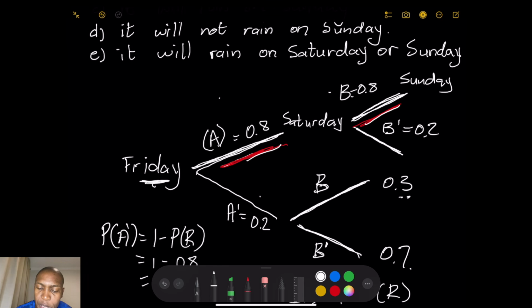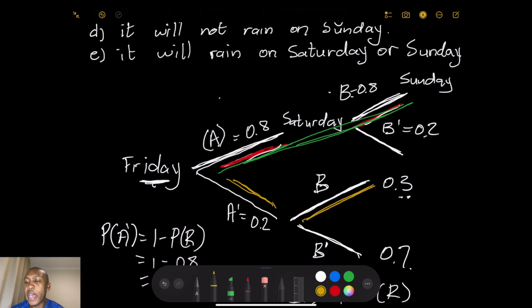The first possibility is that it might rain on Saturday and therefore rain also on Sunday, so it's that A and B there. But remember, it also might not rain on Saturday and rain on Sunday. So what's the real chance of it raining on Sunday?